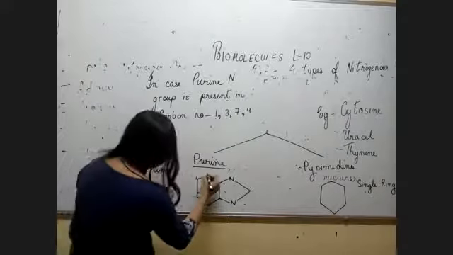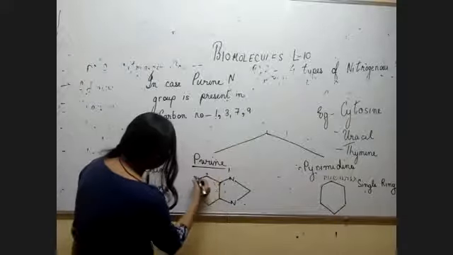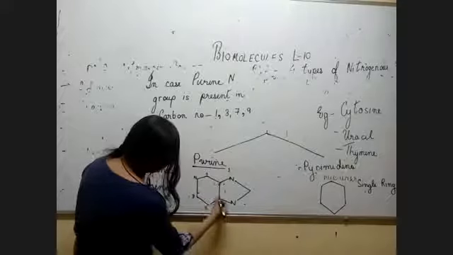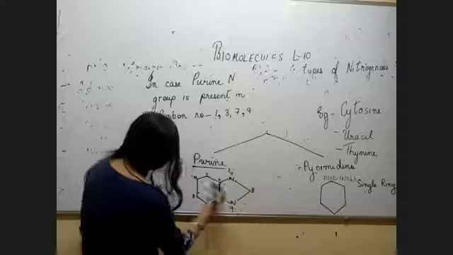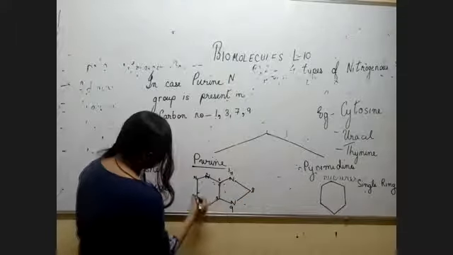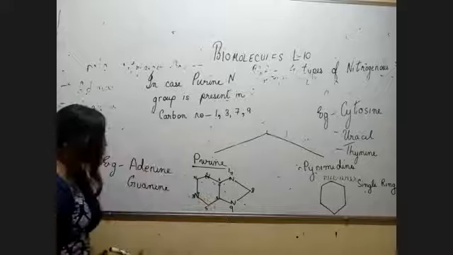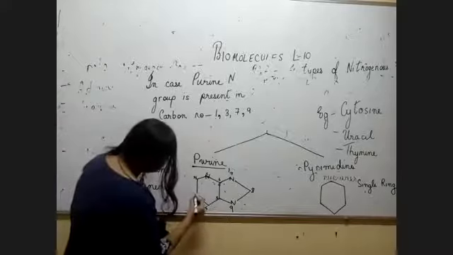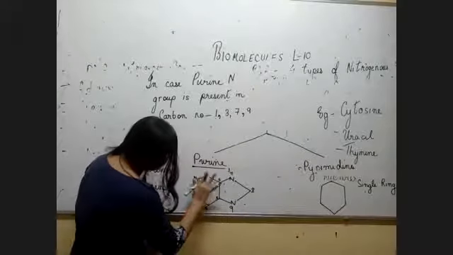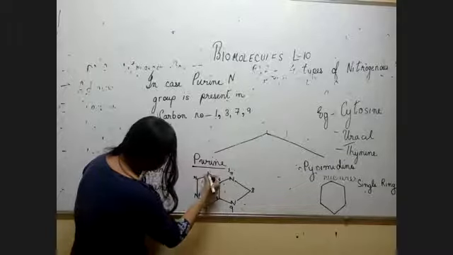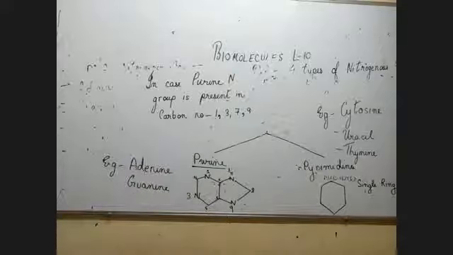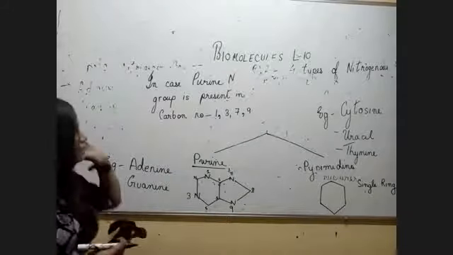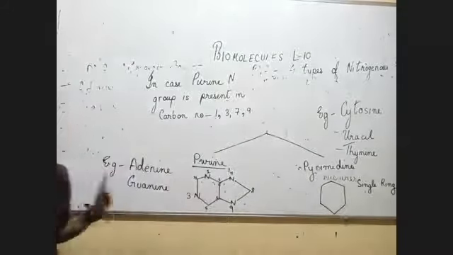Suppose it is 1, then 2, 3, 4, 5, 6, 7, 8, 9. A nitrogen group will be here and a nitrogen group will be here. In case of purine, nitrogen group is present in carbon number 1, 3, 7 and 9.